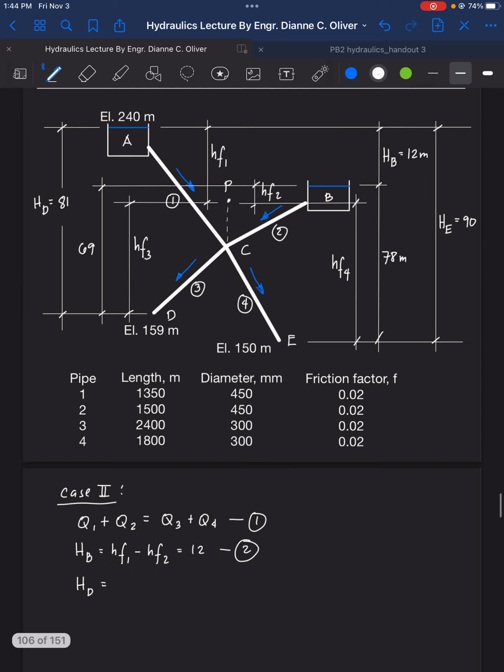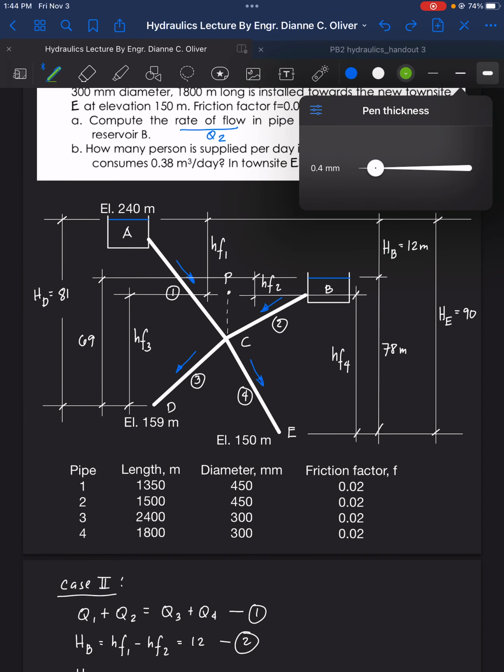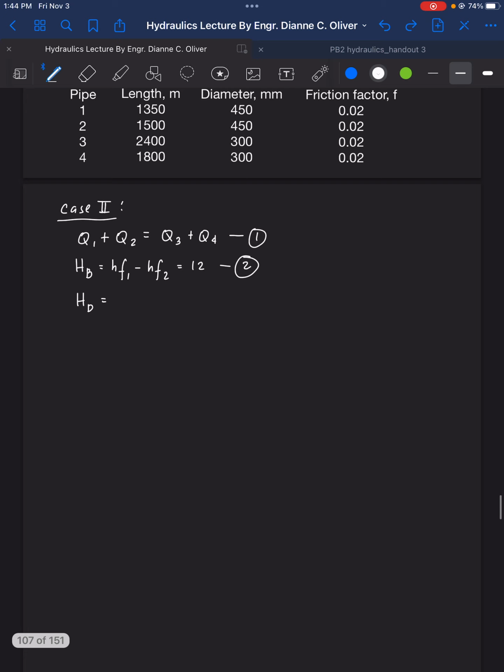HD, which is 81, is equal to HF1 plus HF3. So HF1 plus HF3 equals 81. Next, we have HE.